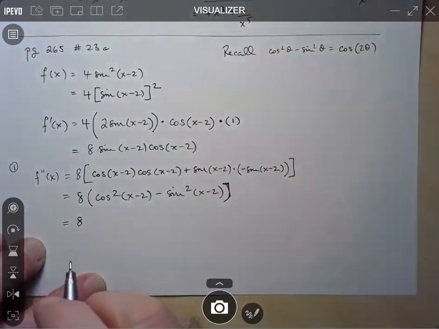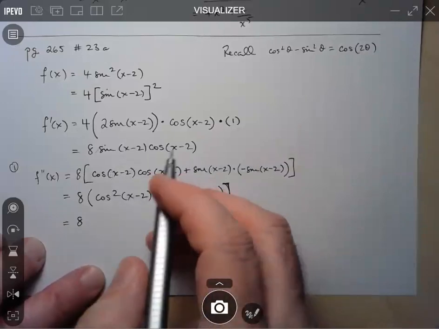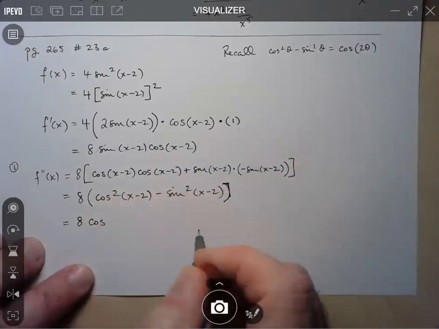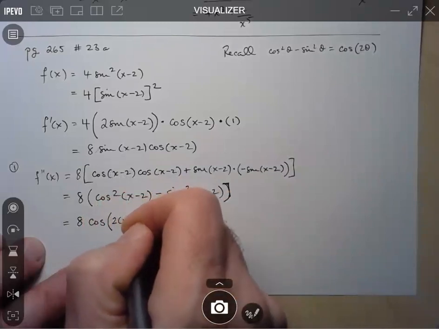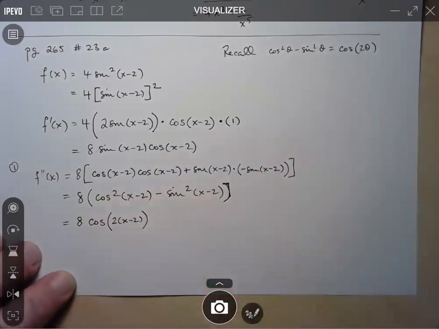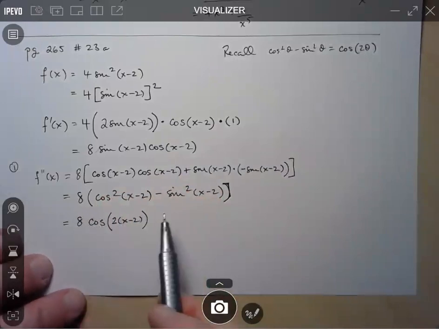Okay, so what I could do is I could rewrite this expression here as the cosine of 2 times whatever is in the bracket. Okay, and so this simplifies it quite a bit.